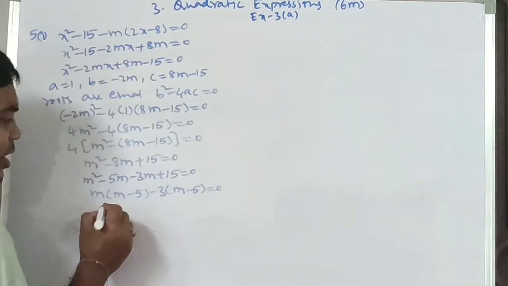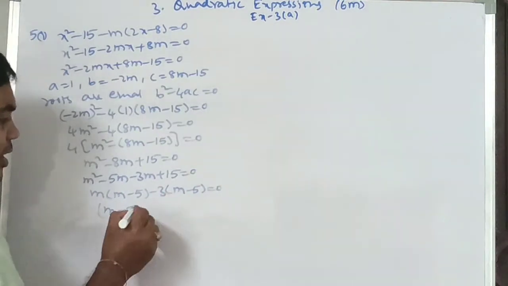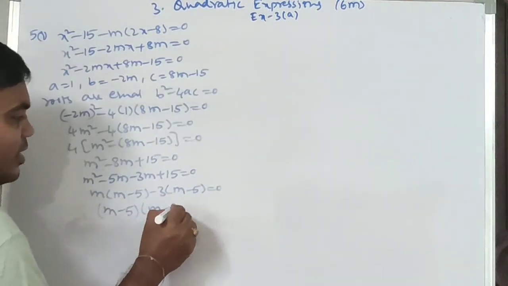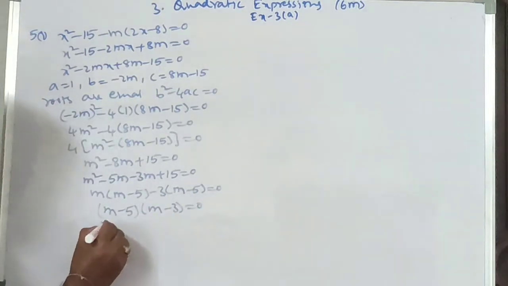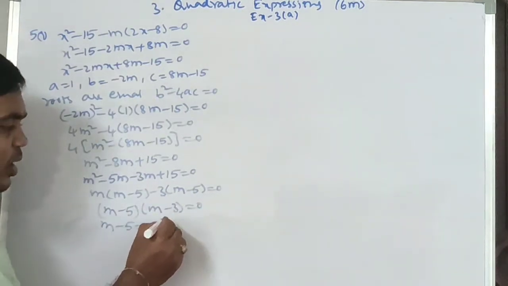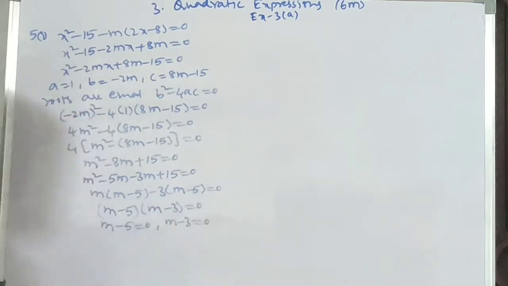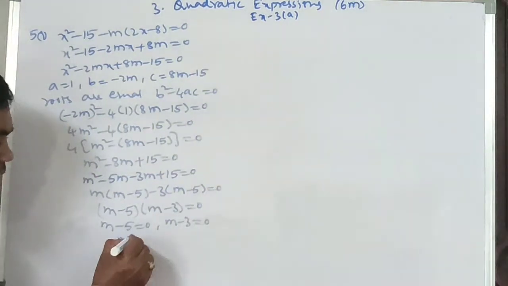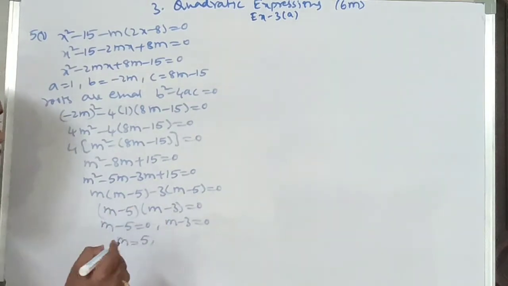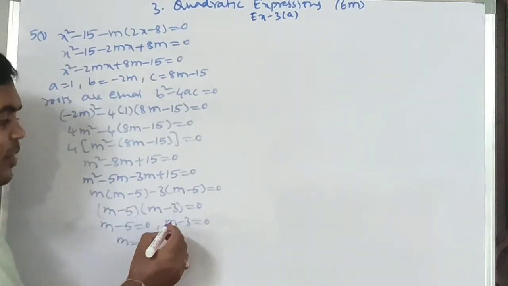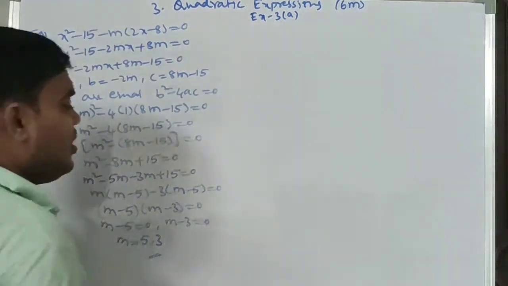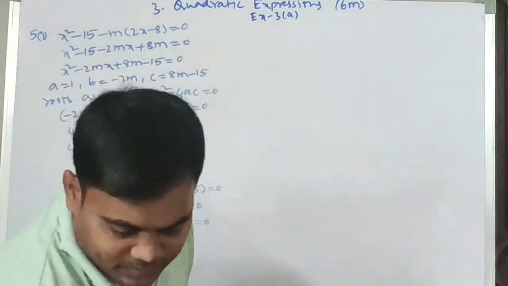So in this m minus 5 common, we are getting m minus 3 equal to 0. Either m minus 5 equal to 0 or m minus 3 equal to 0. So we get m minus 5 equal to 0 when m equal to 5. Bringing minus 3 outside, m equal to 3. So the answer is m equal to 5, 3.